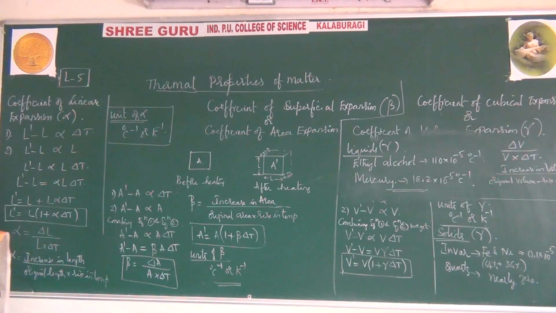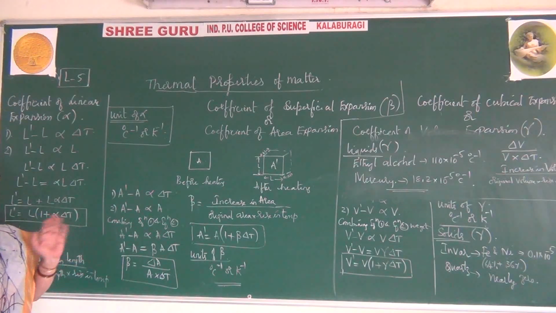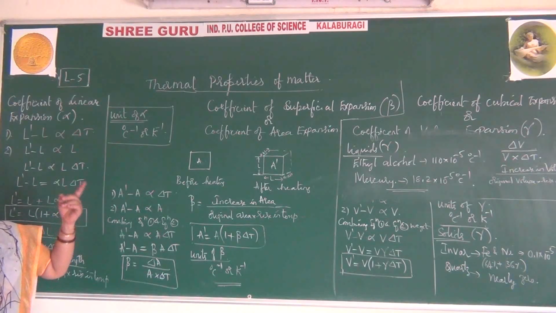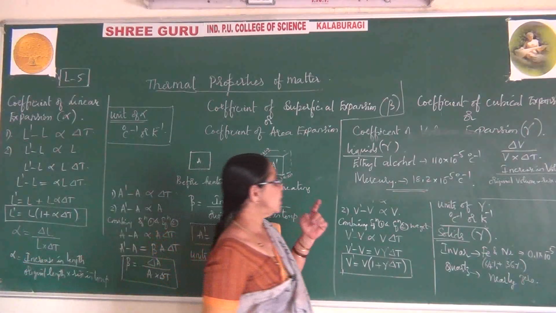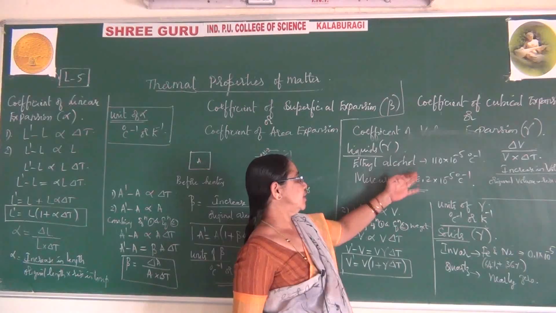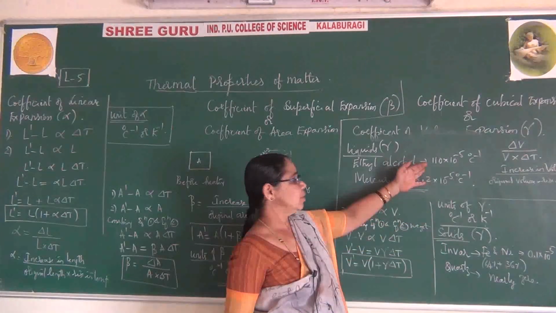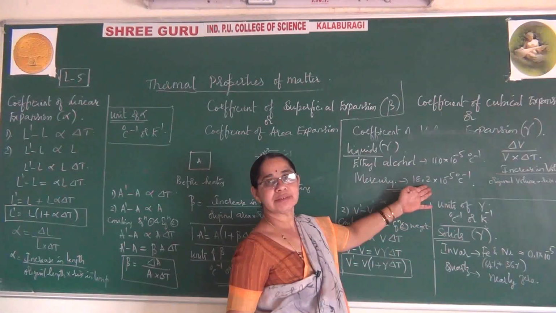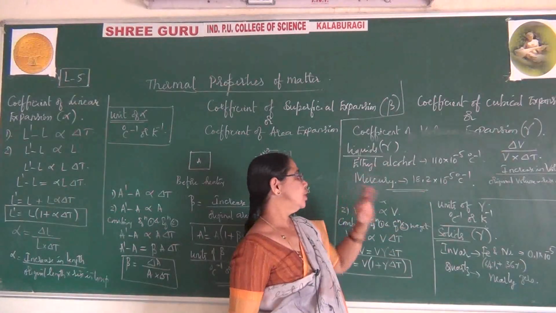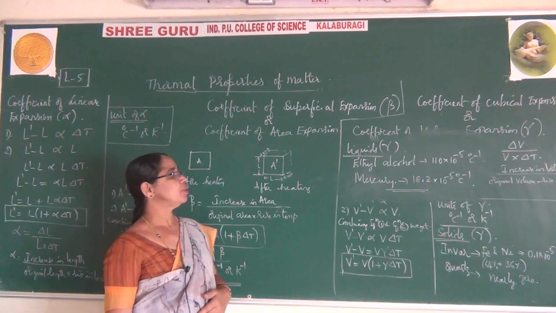Solids and liquids have a small value of the coefficient of expansion compared to gases. You can observe here, solids are very less compared to liquids. So you can also observe the examples here, and these things you have understood carefully.